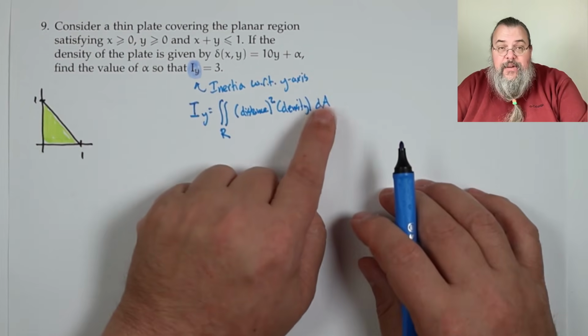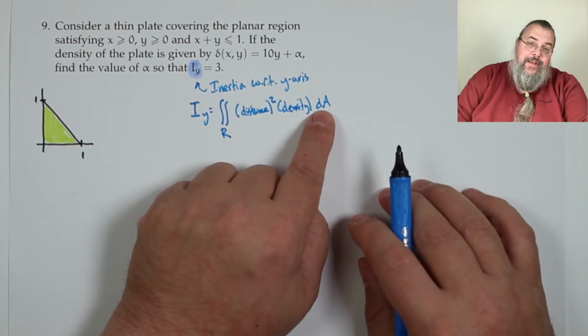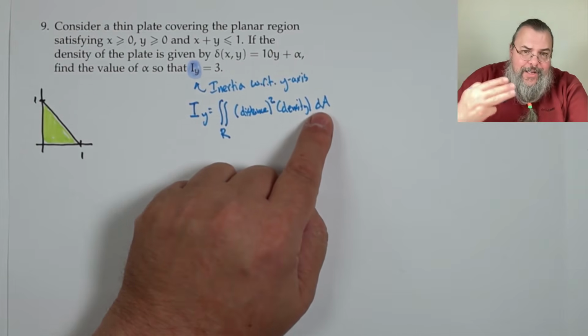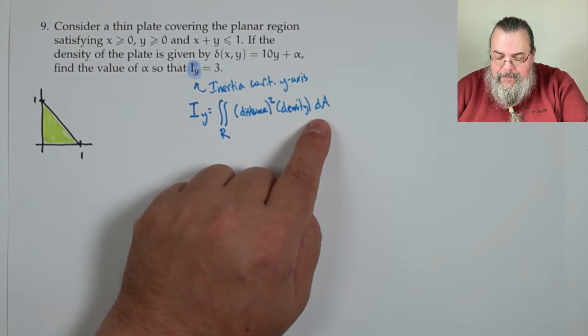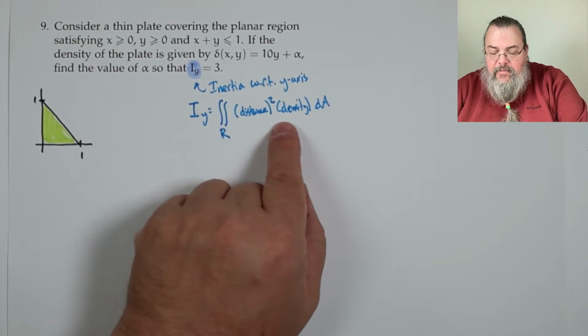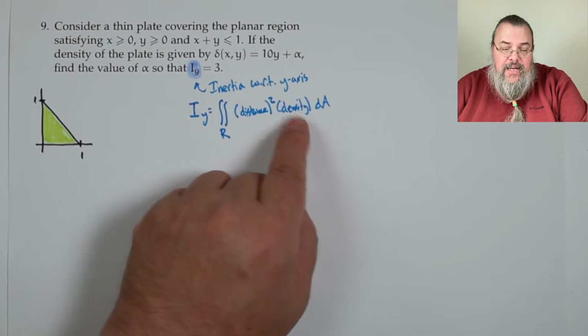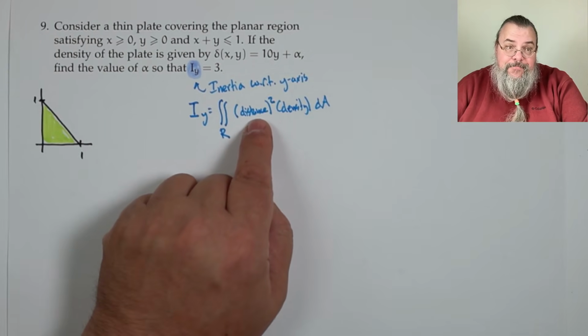In the formula sheet, it says measure here, because that says, are you 1D, 2D, 3D? We're 2D, so dA. So density dA is mass. Mass times distance squared is inertia.